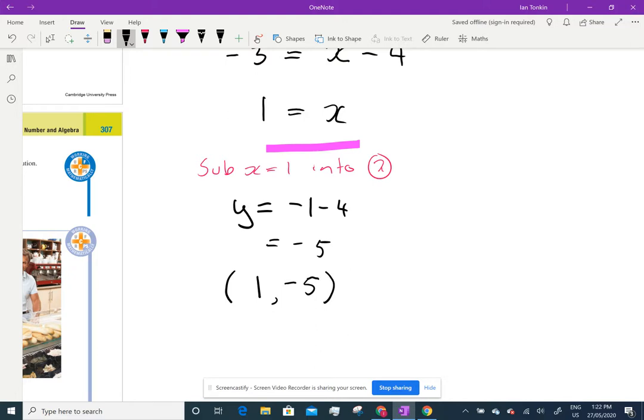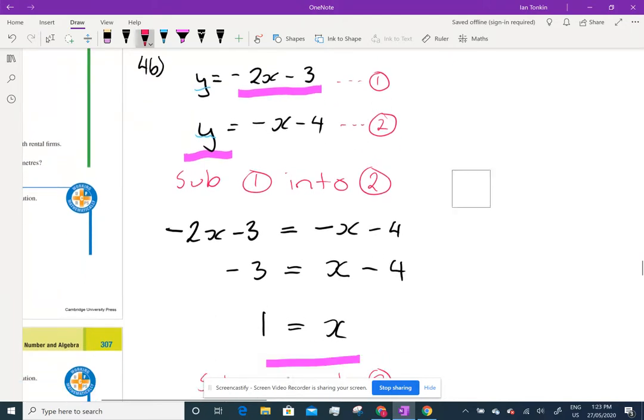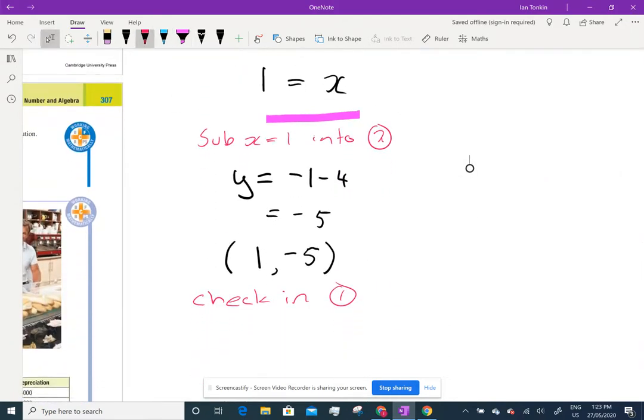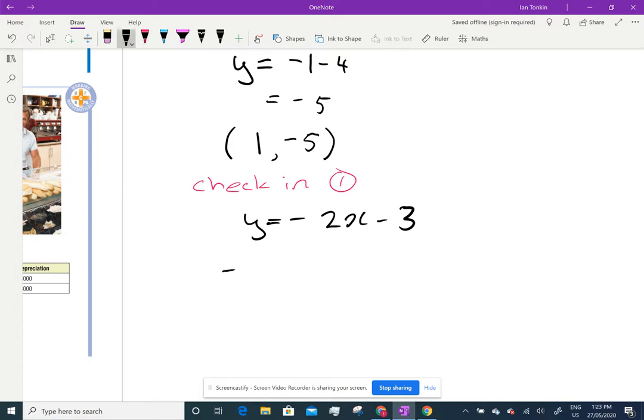Now, the problem is I could have made a mistake. So success criteria number 6 says I can substitute the two variables into the equation that was not used, to check my answer. I just used equation number 2, so I'm going to check in equation number 1. y equals minus 2x minus 3. y is negative 5.